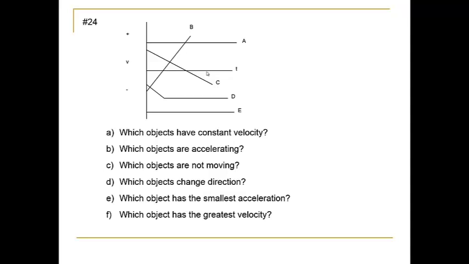So you have to look for, when you're talking about changing directions, which one literally crosses the x-axis. So that would be B, and that would be C. So B is going to change up at this early point right in here, and then C is going to change directions later on.